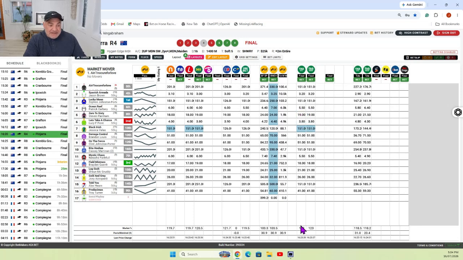Now, down here is the market percentage. What that means is they've converted all these prices from a decimal point and put it into a percentage. When you convert all these prices into a percentage, you've got the 123%. That's what you call the market percentage. Now, in a fair market, we all know that a fair market is 100%.